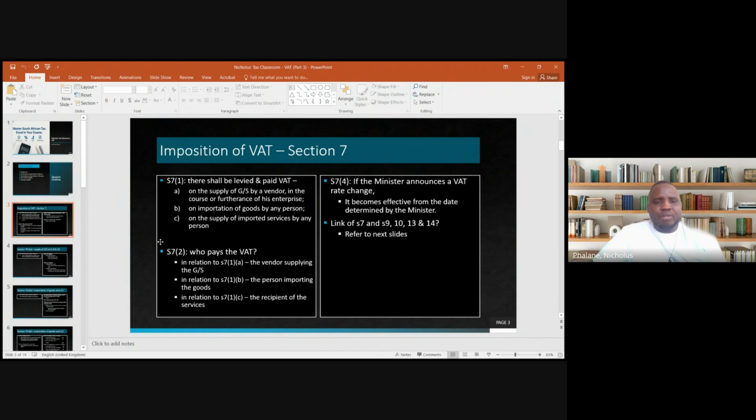So who levies or charges VAT? It should be the supplier or the seller. The seller, who is a VAT vendor, will levy and pay output VAT. They will charge output VAT on the transaction and pay SARS, because remember, we always said that the seller is the one that charges output tax.